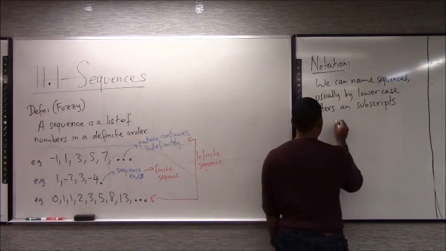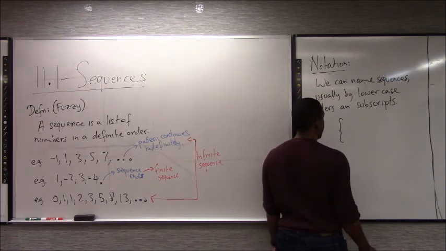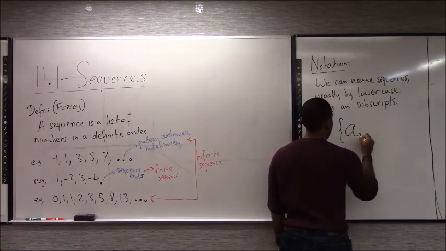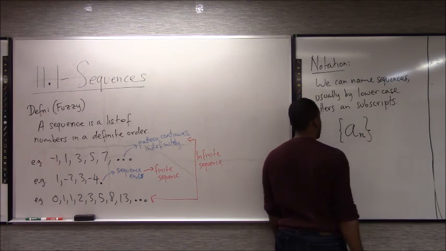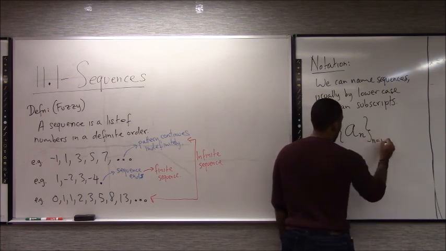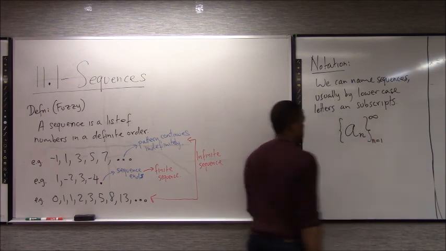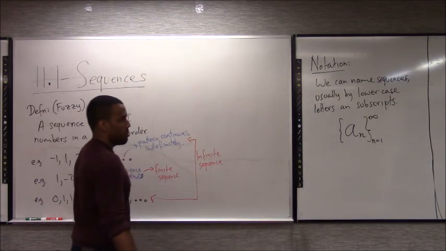So, for example, if someone is really pedantic, they're going to name a sequence, for example, a_n, and then they're going to tell you, my n starts at 1 and goes on forever. So that is the main way to name a sequence.